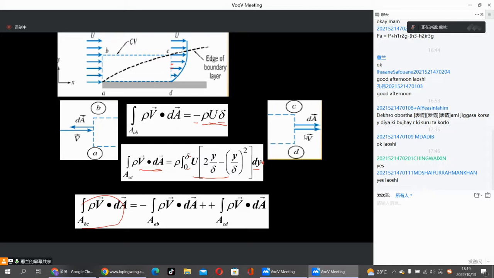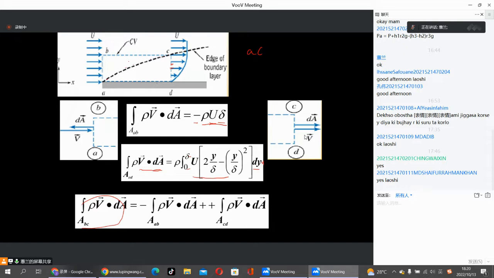Let's continue. Let's say now you already found out the volume flow rate and the mass flux through control surface BC. How about the volume flow rate across AC? AC, we will later know, is actually the edge of the boundary layer.